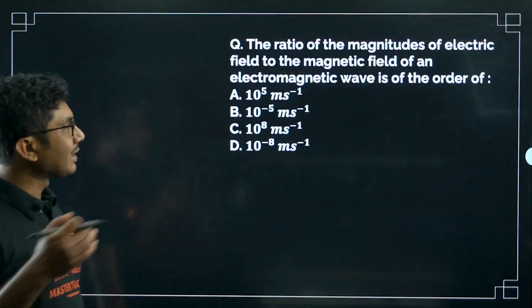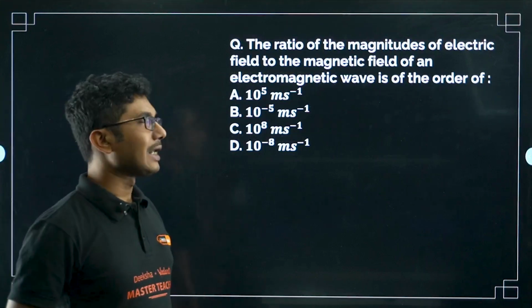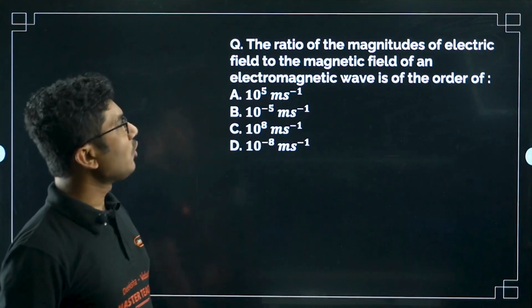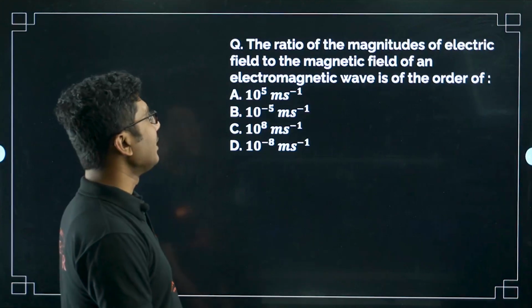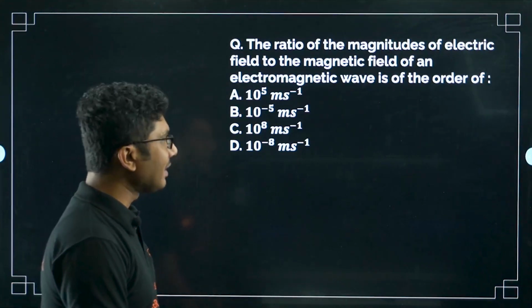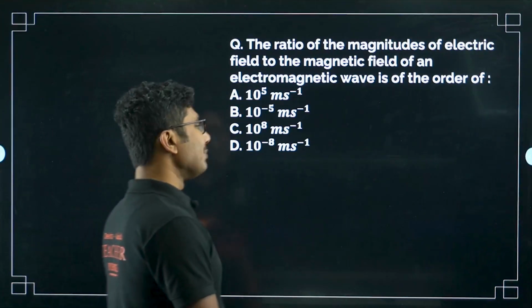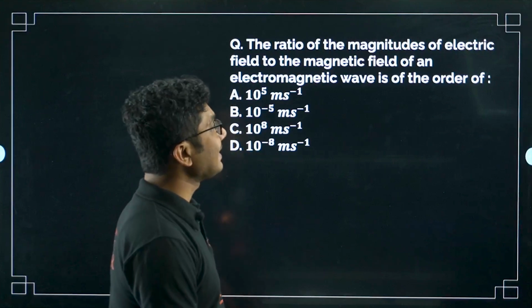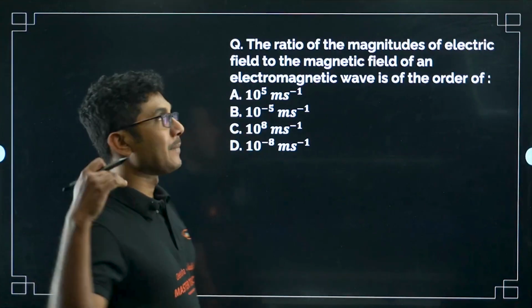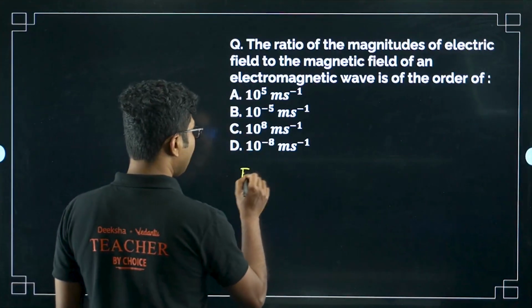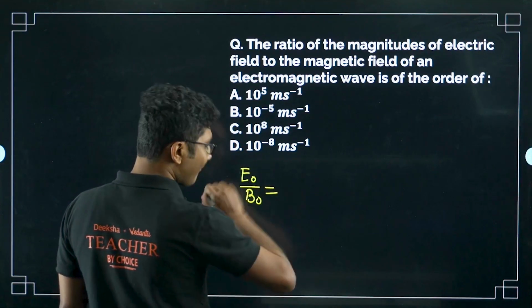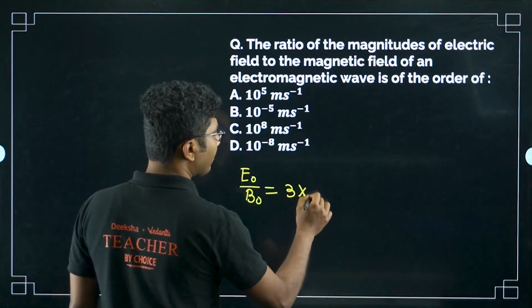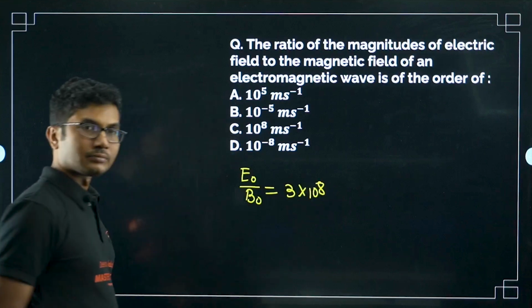Okay, let's see one question from KCET. This is a question directly from KCET. The ratio of the magnitudes of the electric field to the magnetic field of an electromagnetic wave is of the order of, a very simple, very easy question. That value is exactly 3 into 10 to the power of 8, approximately, right?